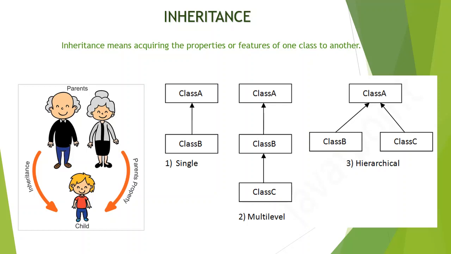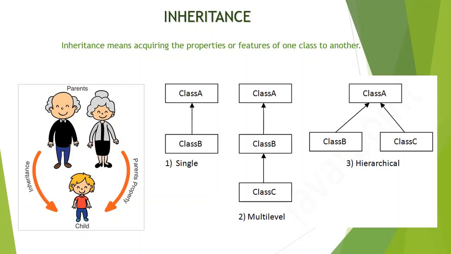The class which acquires the properties from the parent class is called a child class, subclass, or derived class. For example, in the real world, in a parent-child relationship, a child inherits properties from the parents. In the same way, we can do programming in Java by using the concept of inheritance.